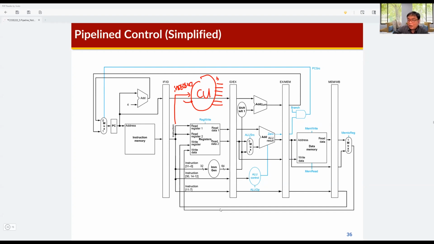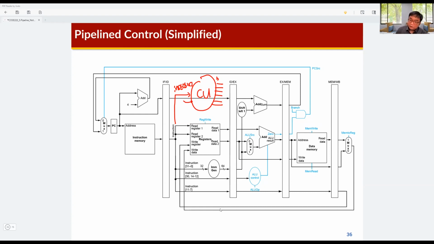Okay, then how can we connect these control signals? In the previous slides, I mentioned that we need to match the timings of data and control signals. So how can we match these timings?